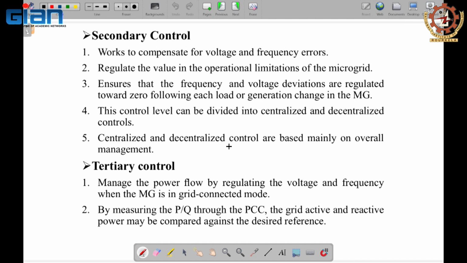Then talking about the tertiary control. So here it basically manages the power flow by regulating the voltage and frequency when the system is in the grid connected mode, and by ensuring that P and Q through the point of common coupling, the grid active and reactive power, can be compared against the desired reference.